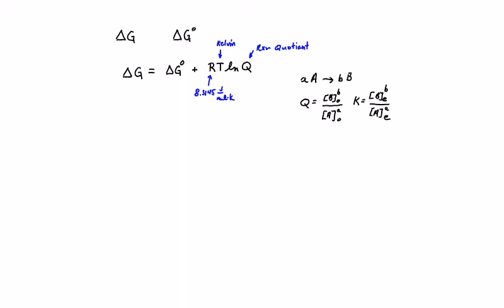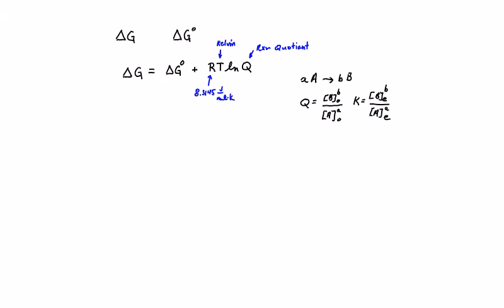So what we're going to be able to do here is predict the actual spontaneity of a reaction under non-standard conditions by using data that we collect from the appendix at the end of our book that has all the free energies of formation. Another very important application of this, though, is the relationship between delta G and the equilibrium constant itself.